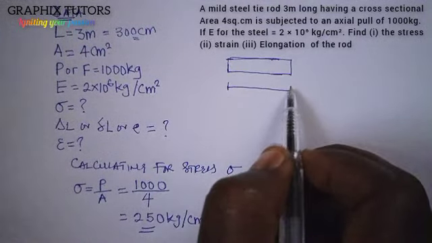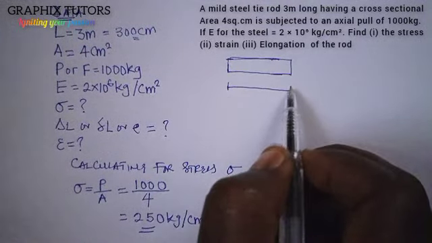We know very well that our strain is the change in length over the original length, right? This is one of them. But in our question here, we don't have our change in length and we also don't have our original length. So this is one relationship between strain, elongation, and length.